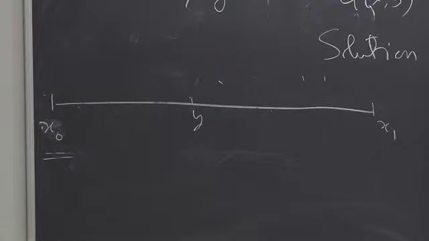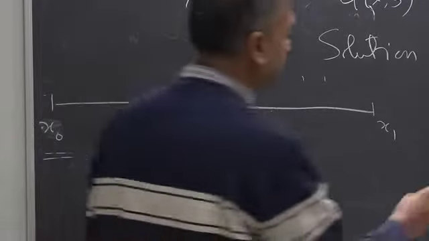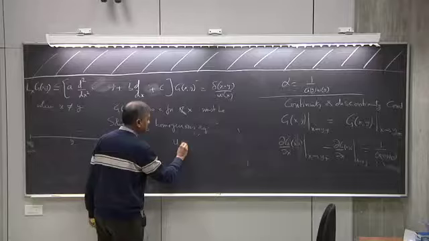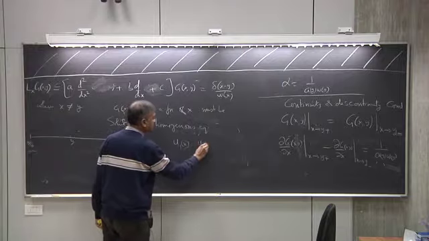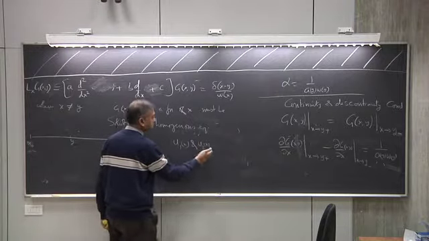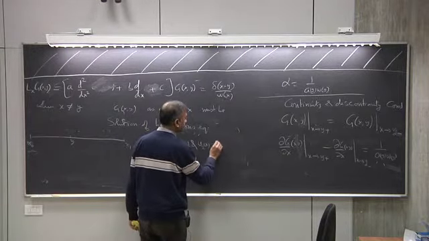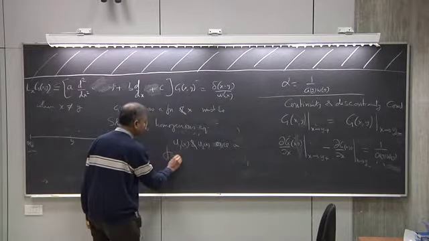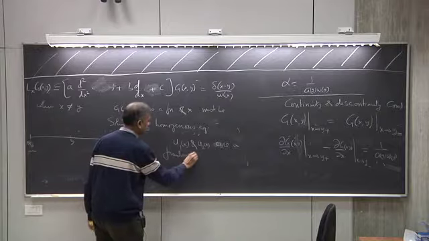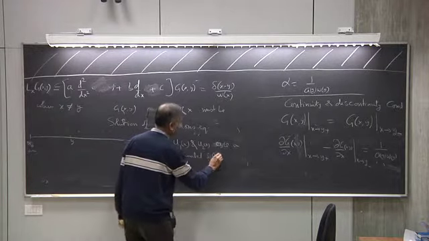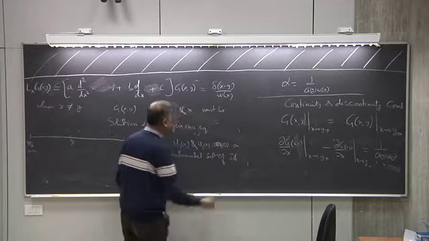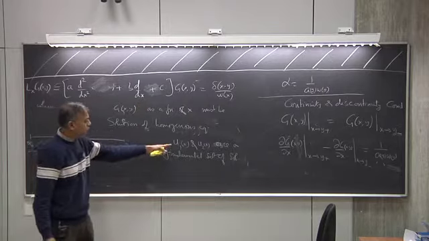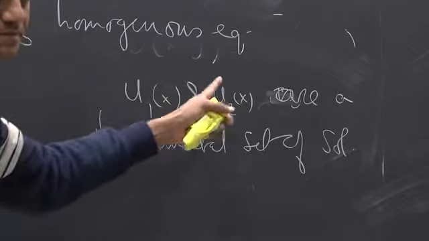Say let's call them u1 and u2. So let's say u1(x) and u2(x) are a fundamental set of solutions. That means any solution of the homogeneous equation is a linear combination of these two, right?